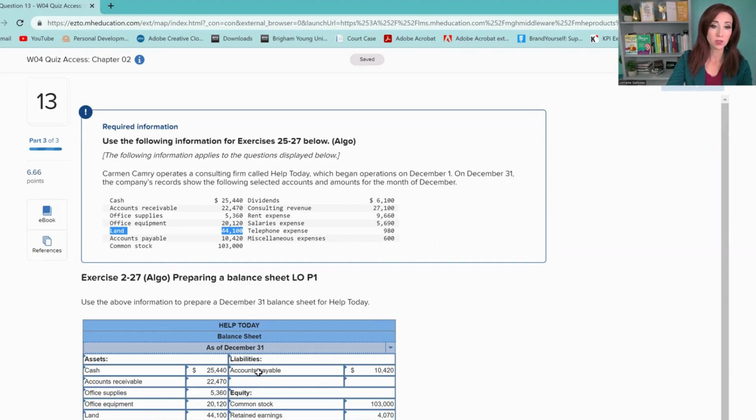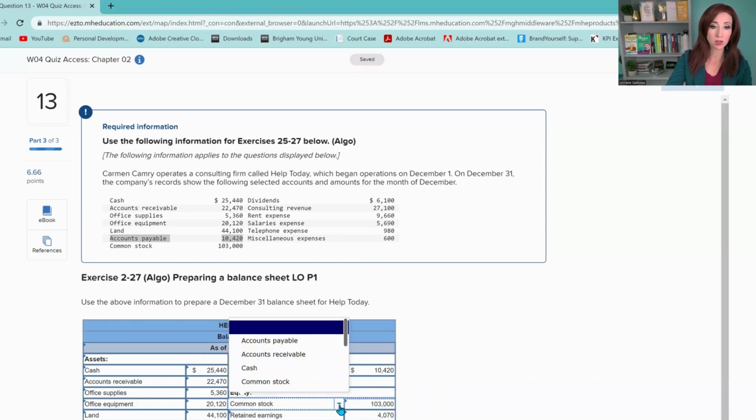And then over in liabilities, the only liability that I was able to see was our accounts payable. There may be many other options in here as well. If there was another account that needed to be paid or those kinds of things, it would be in here as payable. So watch for those. And then we have the amount here. And in equity, we had two options for equity here.